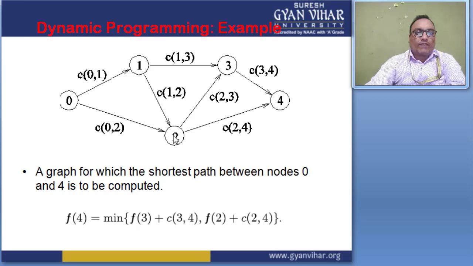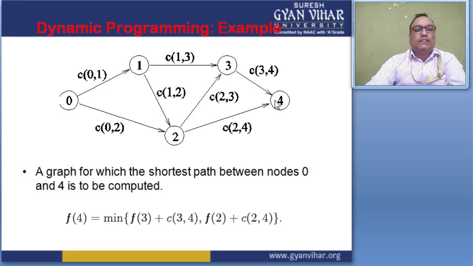The costs are c1,2, c1,3, c2,3, then c2,4 for 2 to 4 and c3,4 for 3 to 4.